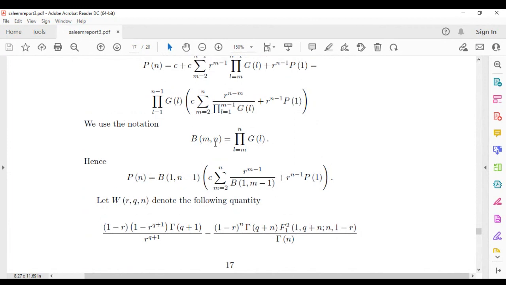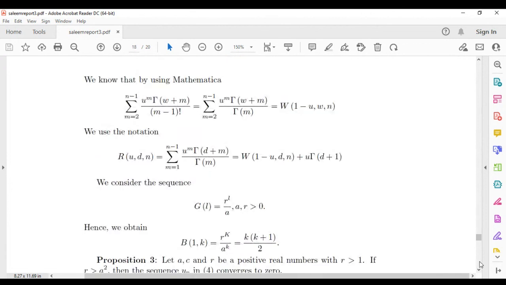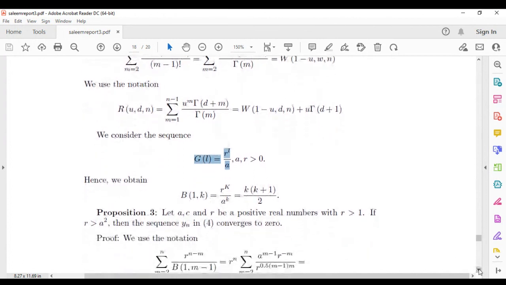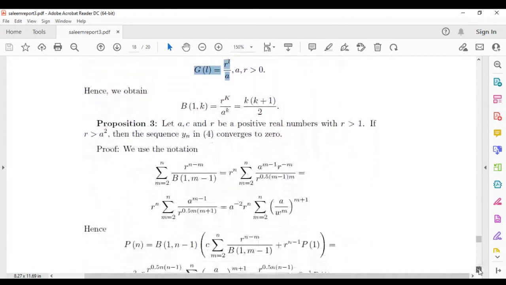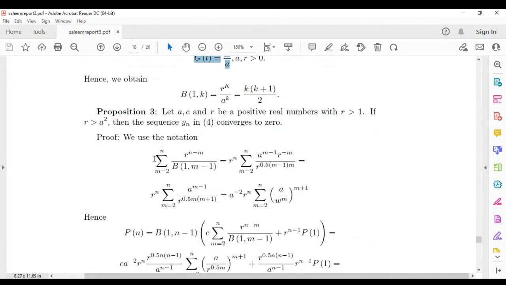We see at the first line that Pn will reach at the end this expression using this summation. And this summation will be calculated also using Mathematica, and it includes the gamma function and the hypergeometric function 2F1. Then we considered specifically this function g_l equals r to the power l over a, with r positive, and in this case we were able to calculate the form of the summation.